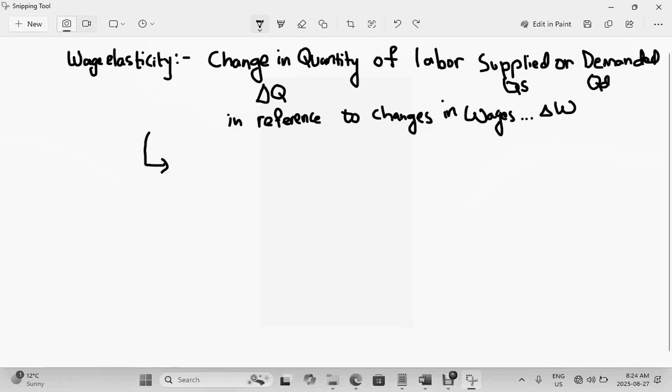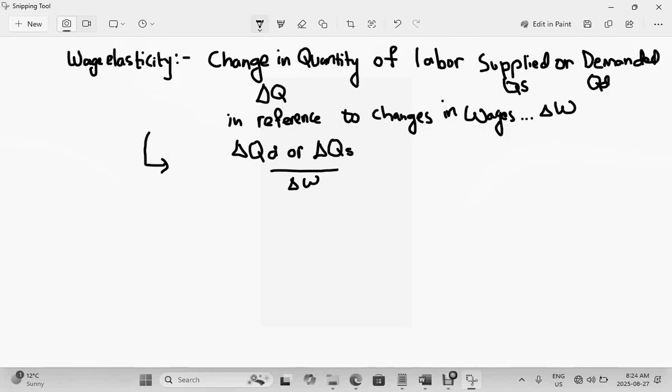So if you were to write this as an equation, this will be delta QD or delta QS divided by change in wages. Sort of like your price elasticity, except we're subbing in wages over here rather than price.